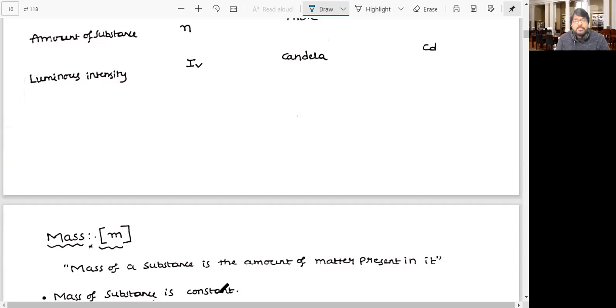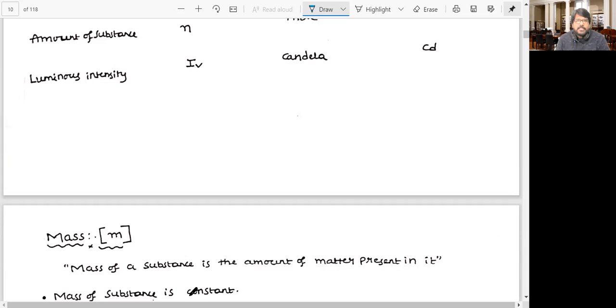The concepts you are going to learn in this chapter will be very useful. If you are not good in these concepts, definitely you cannot be perfect in the other branches of physical chemistry also. So that's why I can say this chapter will be the backbone of the entire physical chemistry. All right. So let us take some definitions.